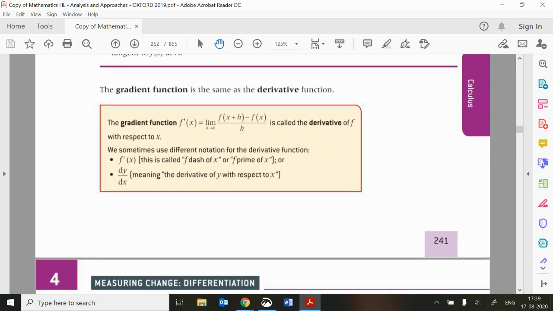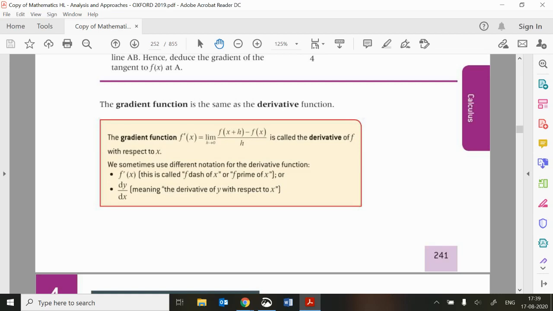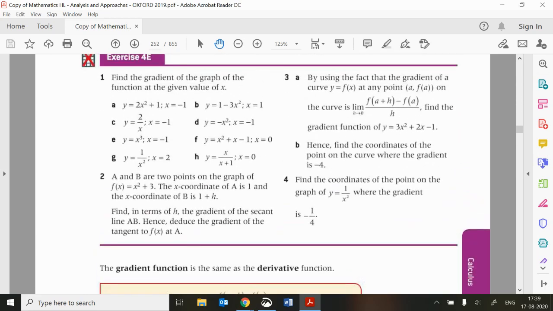Now, here we go. This is me getting a little confused here, I suppose, because now it's saying that the gradient function is actually not just for a particular point, it works for all points if we just change that a to x. So I've kind of done a mixture of both formulas there. You can see that the questions are talking about particular points, which is what exam questions can ask as well.